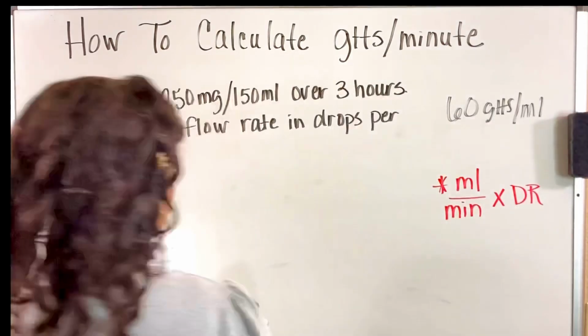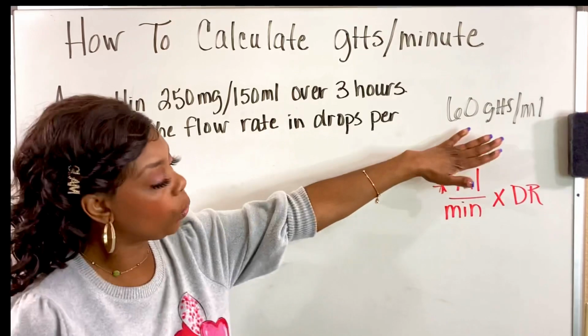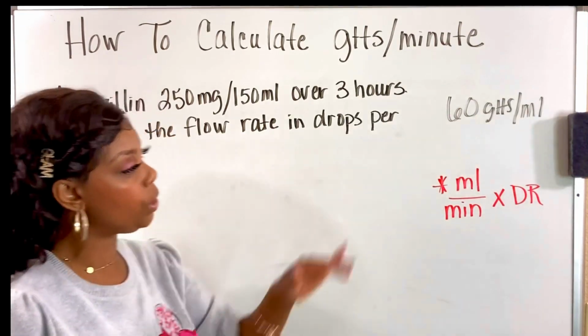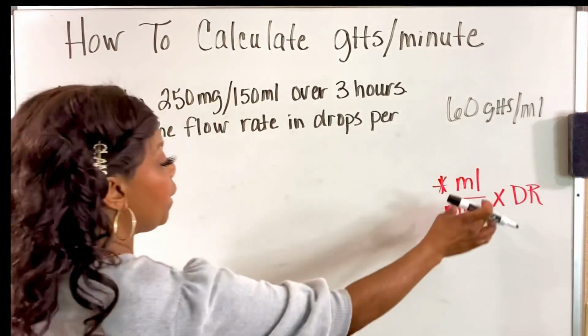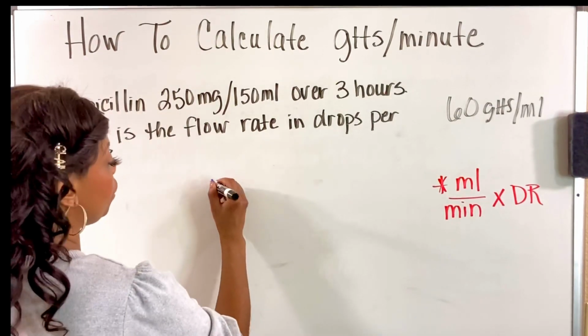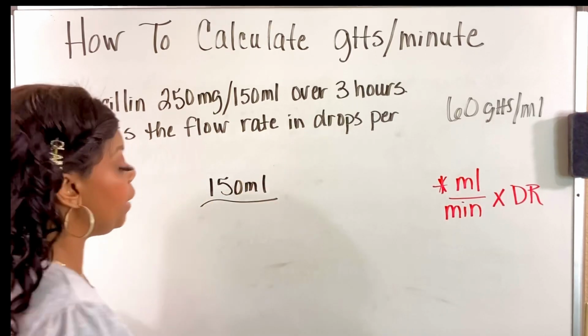Okay, so we do not have a drop factor here, so we're going to have to assume that we're going to use 60 drops per milliliter. We're going to take our milliliters, which is 150 milliliters, and put it over however many minutes we have.